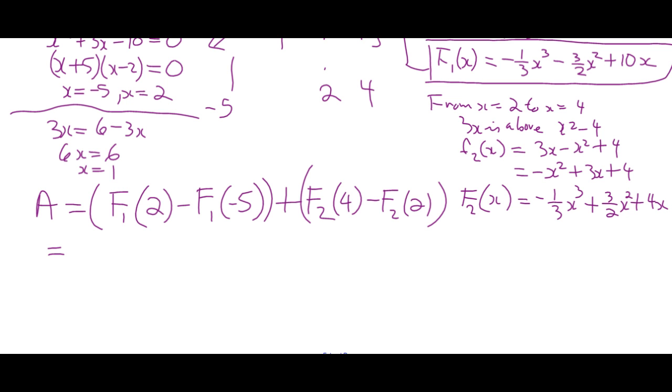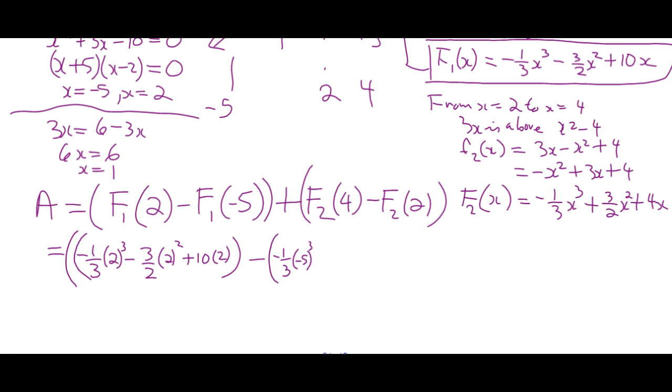Okay, what was F1? So here we go. F1 of 2: negative 1/3 times 2 cubed minus 3/2 times 2 squared plus 10 times 2. Minus the same thing but with negative 5: negative 1/3 times negative 5 cubed minus 3/2 times negative 5 squared plus 10 times negative 5.